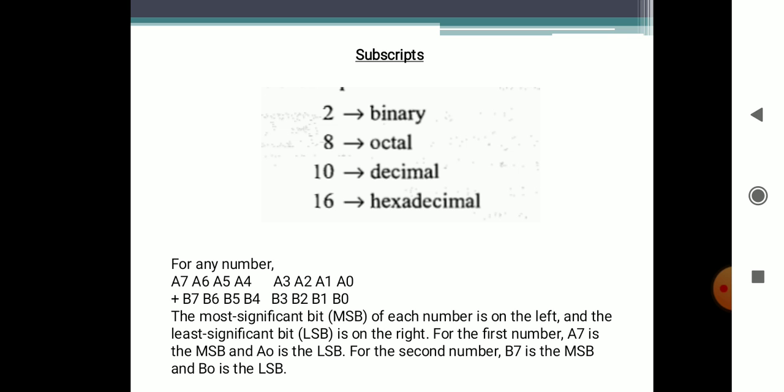See for instance, 11 base 2 represents a binary 11. 23 base 8 stands for octal 23. 45 base 10 represents the decimal 45 and F4 base 16 represents the hexadecimal F4. So these subscripts are used to denote the numbers. When we use more than one type of number, we must make use of these subscripts.